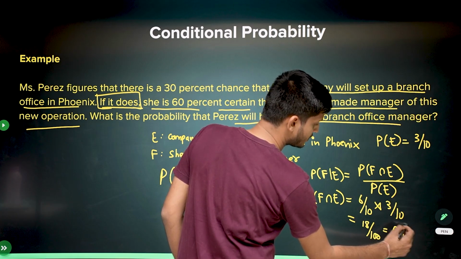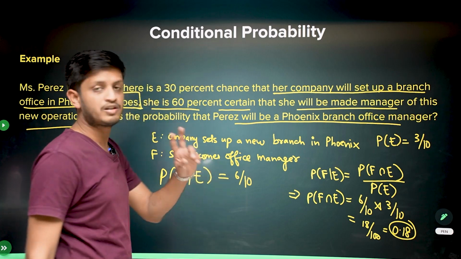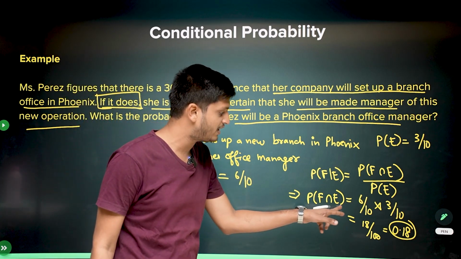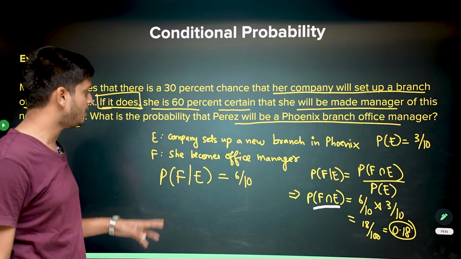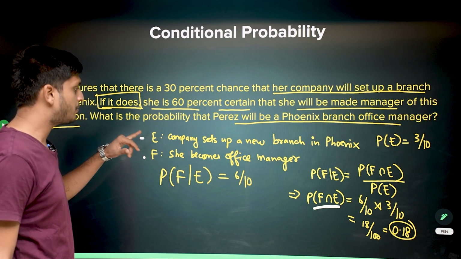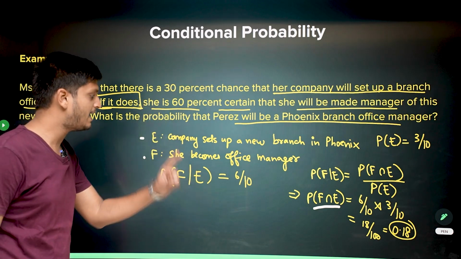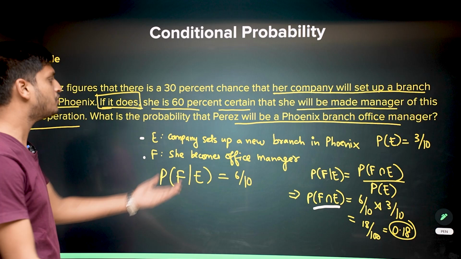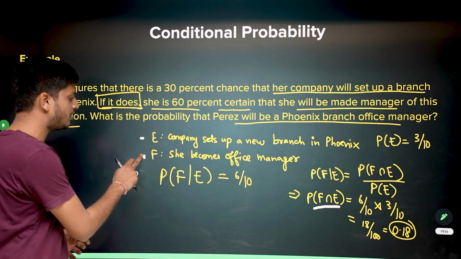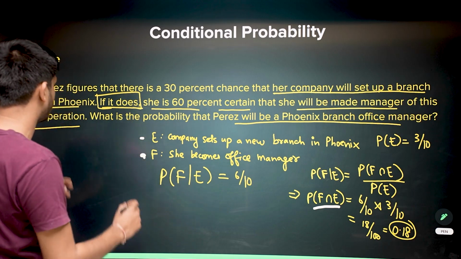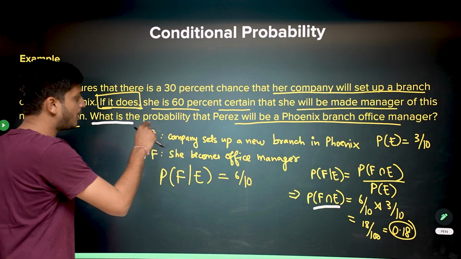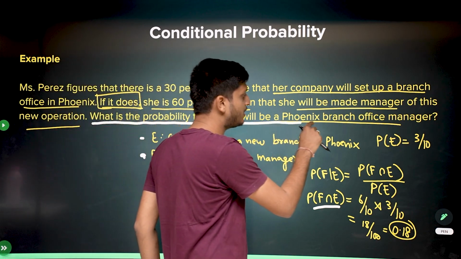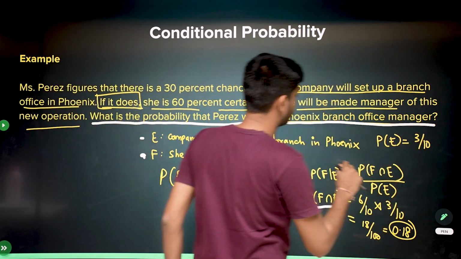There are 18% chances. So whatever we have calculated right now is P of F intersection E. What is F intersection E? F intersection E is company sets up a new branch in Phoenix and she becomes office manager. That's what we wanted also. We actually didn't want P of F. Read the question carefully. What is the probability that Perez will be a Phoenix branch office manager?